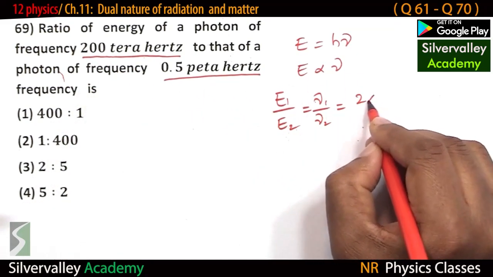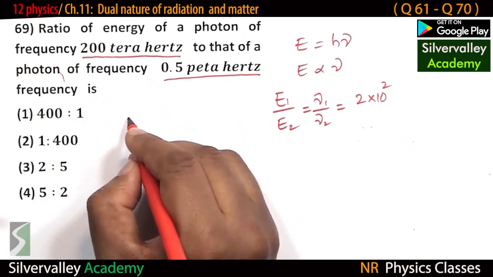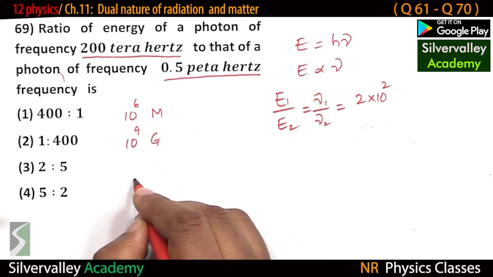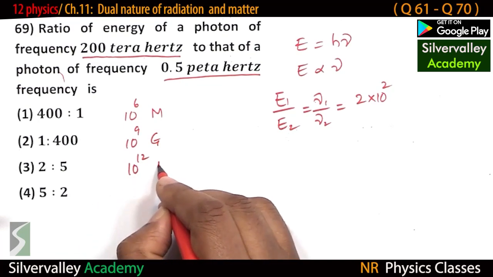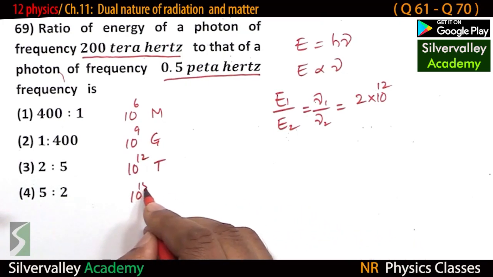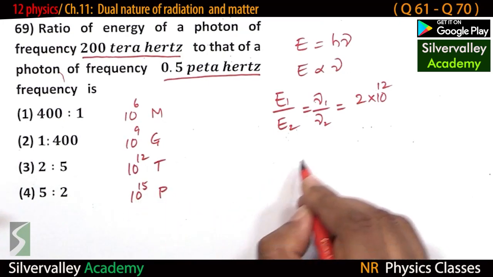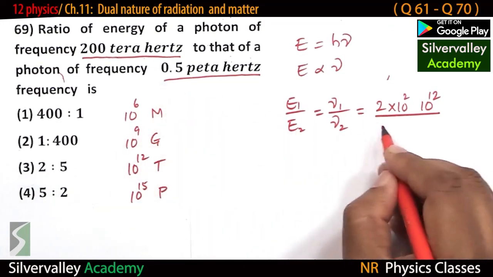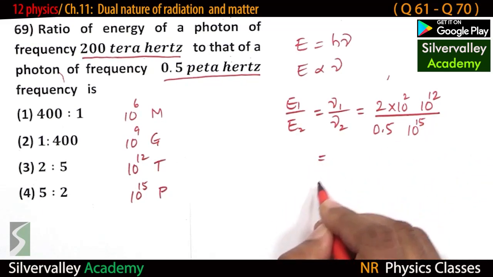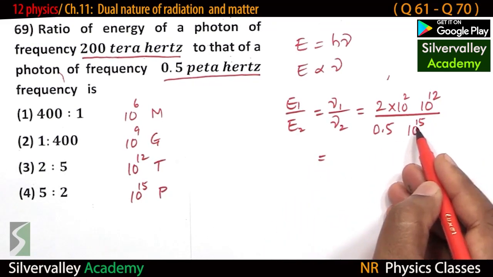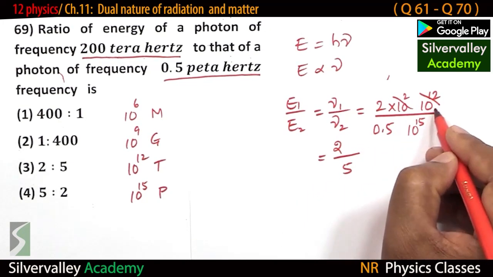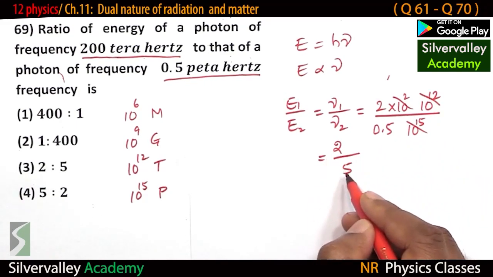Nu1 is 200 tera: 10^6 mega, 10^9 giga, 10^12 tera, so 10^12, 10^15 peta. Nu2 is 0.5 peta, 10^15. Give 1 zero to this, it becomes 5, numerator is 2 × 10^14, 10^14. So it is 2 by 5.